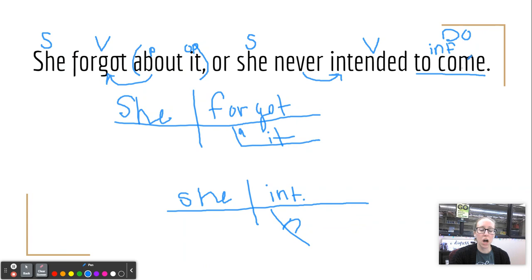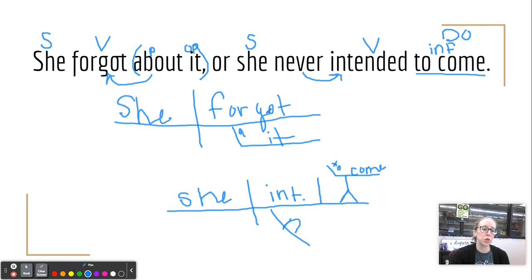And then we said to come is our direct object, so we have to separate that from the verb with a little vertical line. Then remember, since it's a verbal taking the place of a noun, we do these little chicken feet. The infinitive has this top to the chicken feet, so the to is going to go here, and then the come is going to go here, just like that.